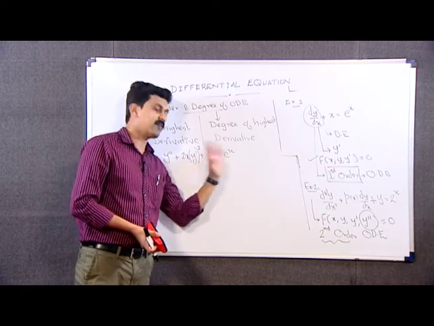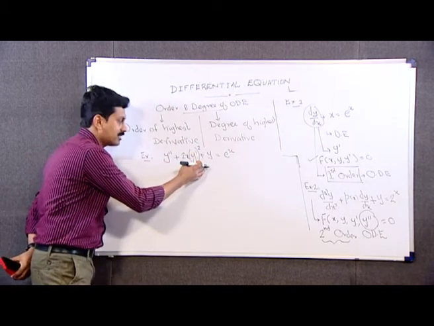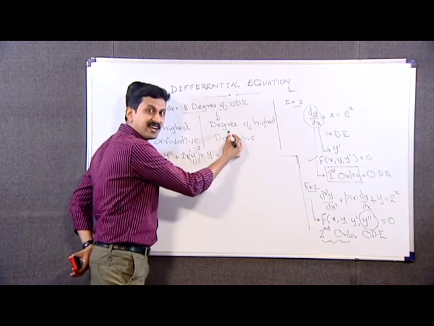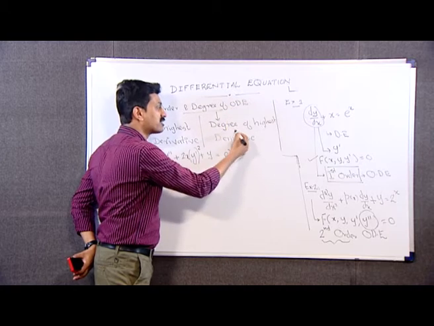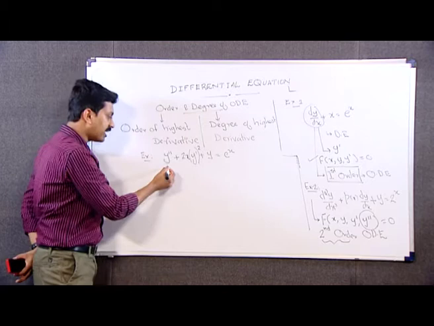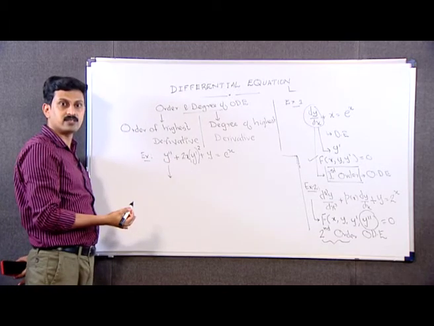e raised to x is a function in x, and here y dash has the maximum power, but according to the definition, the degree of a differential equation is the degree of the highest derivative. So, which is the highest derivative? y double dash is the highest derivative.